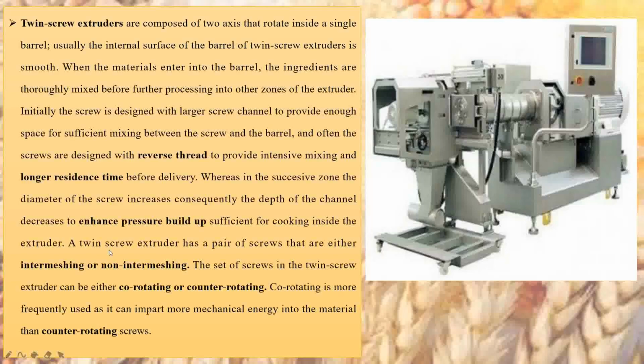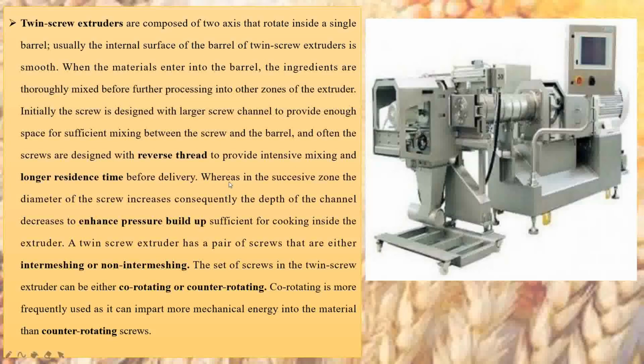Now the working principle of the twin screw extruder is a little bit advanced compared to the single screw extruder. The twin screw extruders are a little bit more time consuming because they have a reverse thread facility. Like this, two screws are rotating in the counterclockwise direction, and they have reverse thread, so that the mixing is intensive and they take a longer residence time before the delivery of the final product.